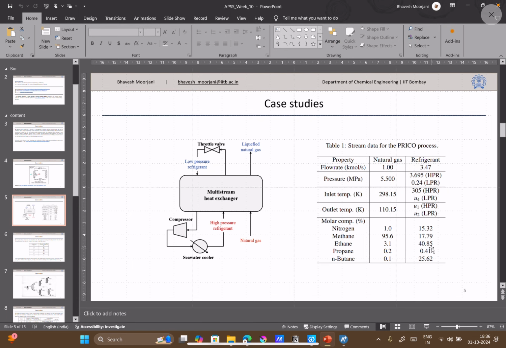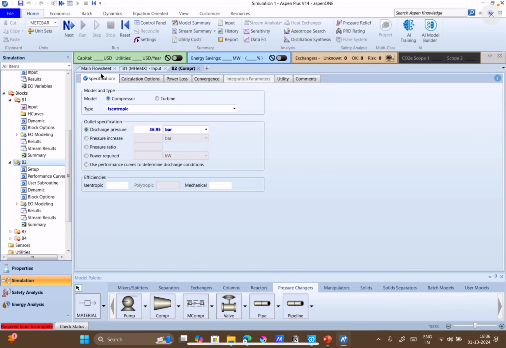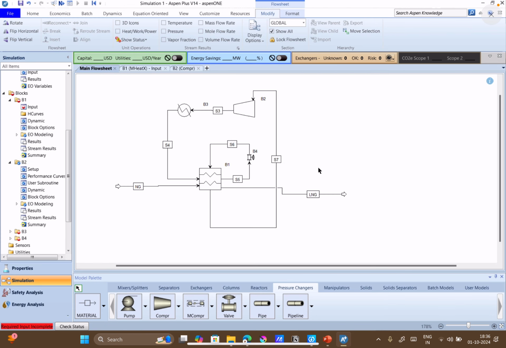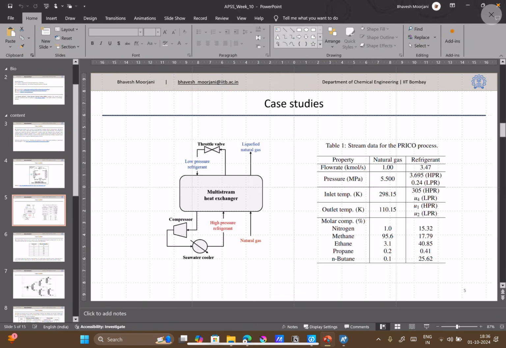Now we have the molar composition for our feed. We have its flow rate, the refrigerant flow rate. We can provide this information to any of S3, S4, S7, S6 or S5, since all this loop is for the refrigerant. So what condition should we select? If you think about it, at the inlet of S4 we have the inlet temperature of high pressure refrigerant at 305 Kelvin, which is our inlet information.